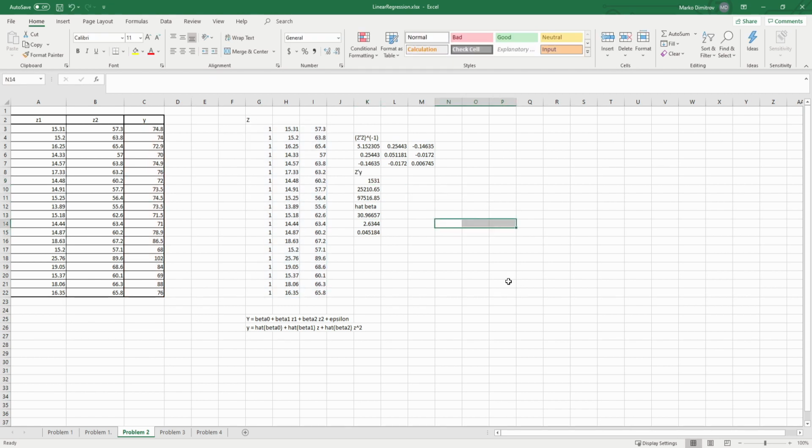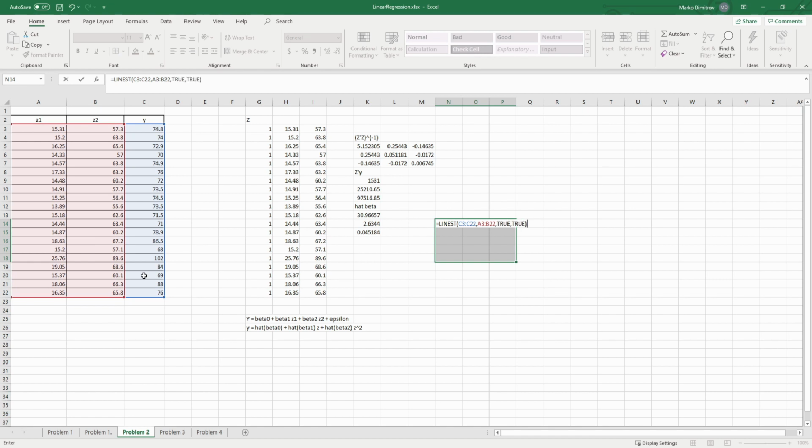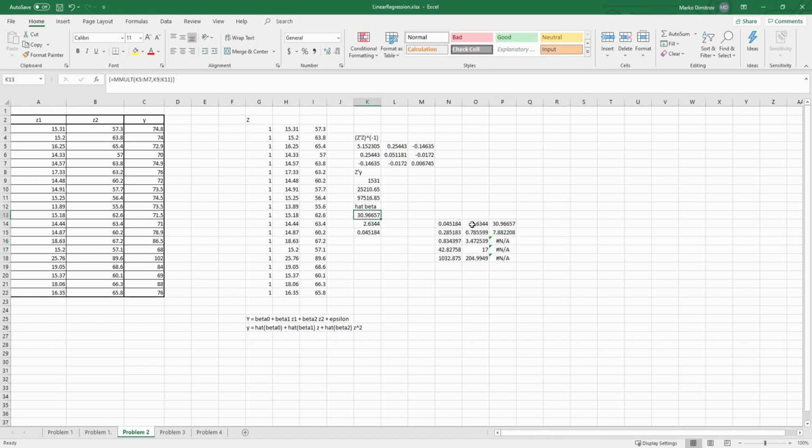Now to use our LINEST function, we have three unknown parameters, so it returns 5 columns: our known y's, and known x's, constant true, and true for additional information. So what we get is 30, 2 point something, and 0 point something.